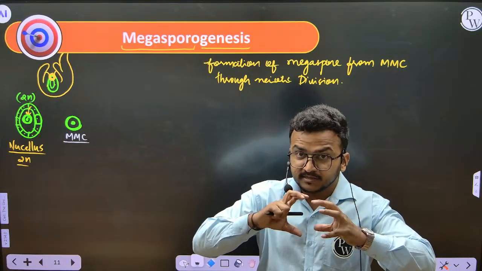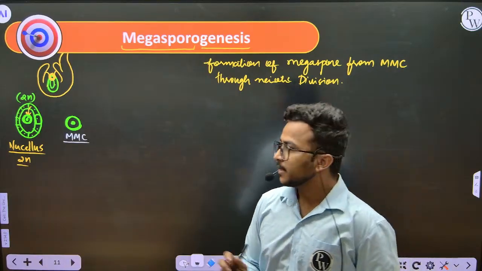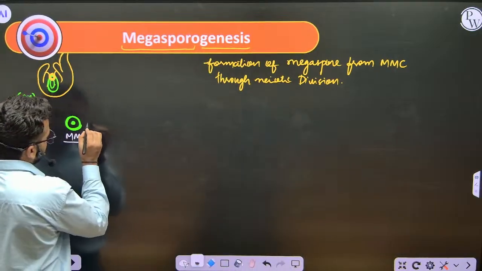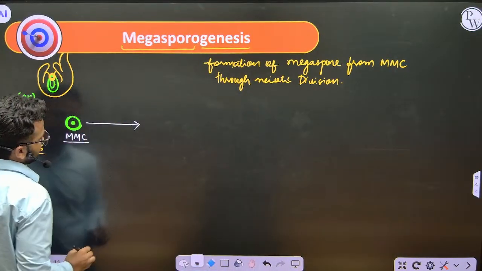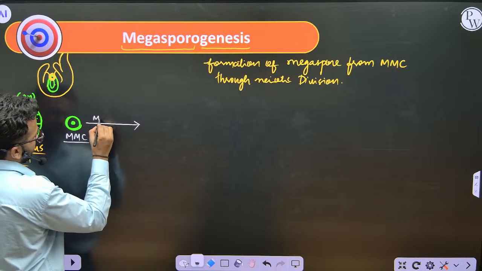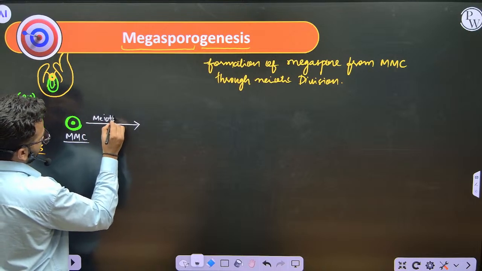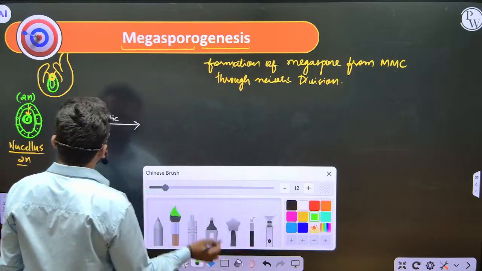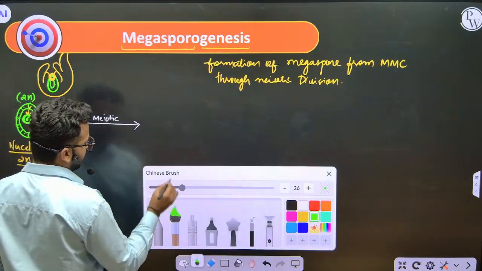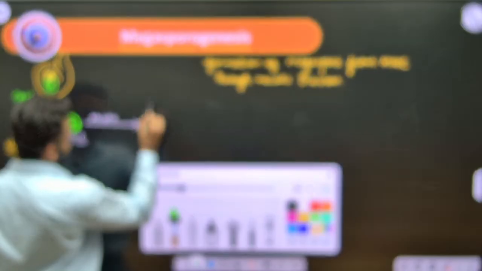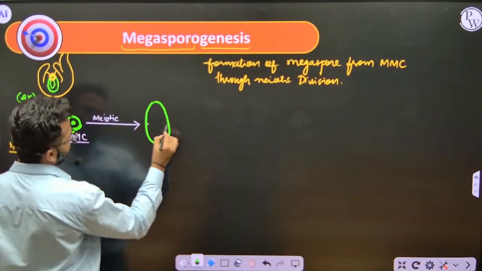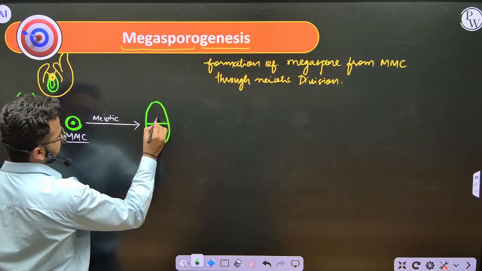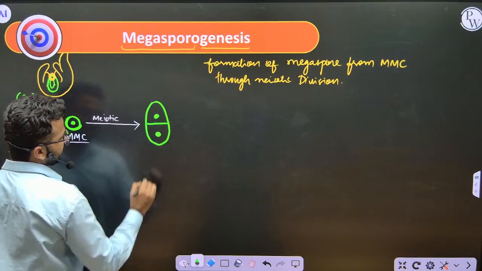Now it is the time of division. It will undergo meiotic division, meiosis. So what happens? This megaspore mother cell will first form two cells, meiosis 1.